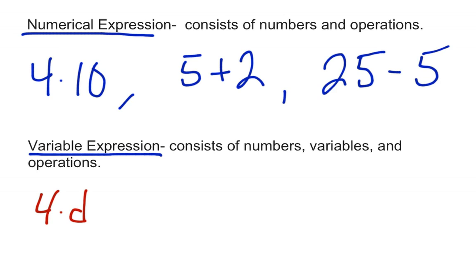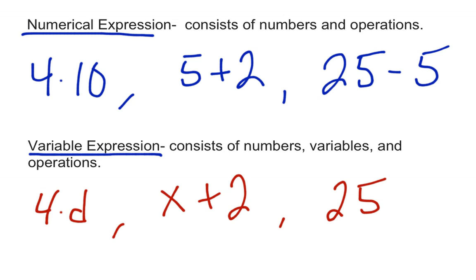If I did 4 times d, because the operation is multiplication, the variable is the d, that's what changes it to a variable expression. Just a couple more real quick. x plus 2. As soon as you get those variables involved, that's what changes it from a numerical to a variable expression. 25 minus y.